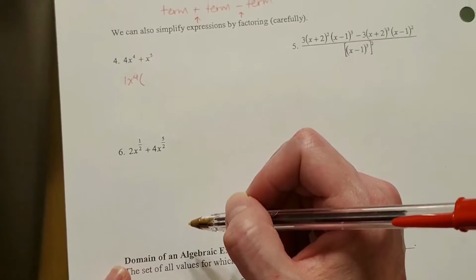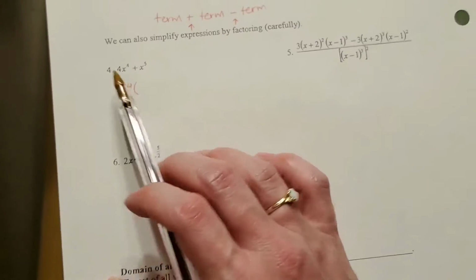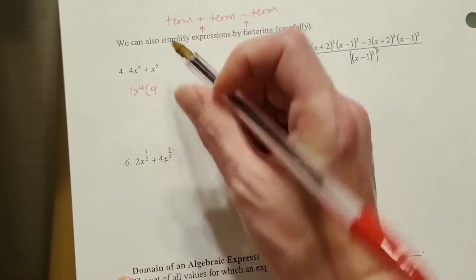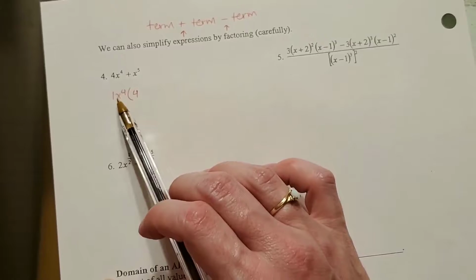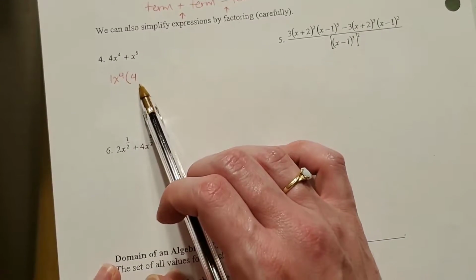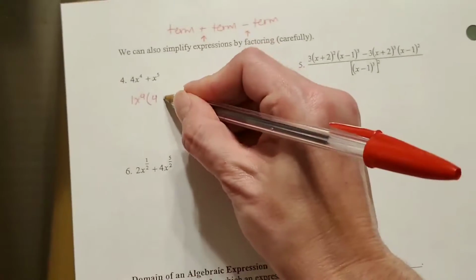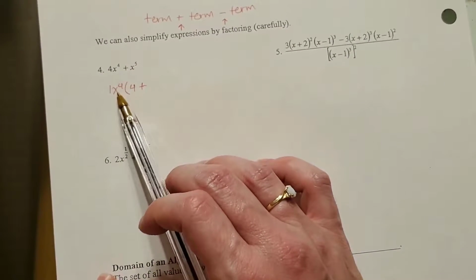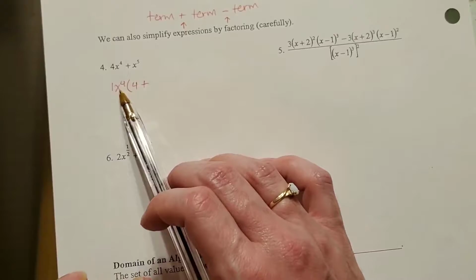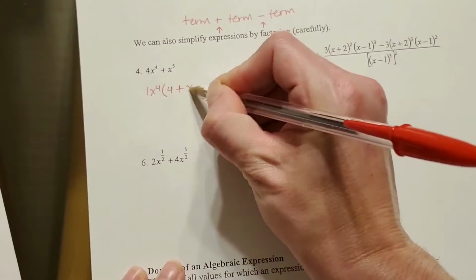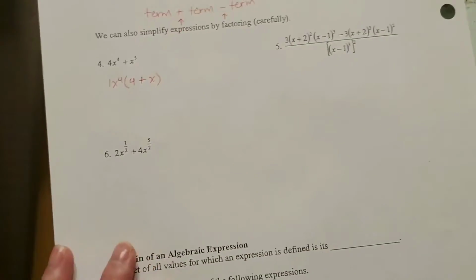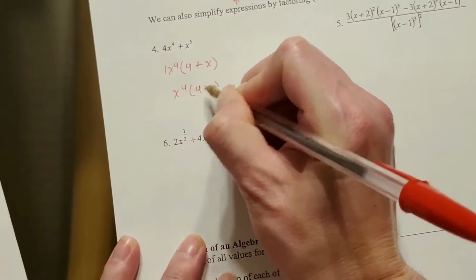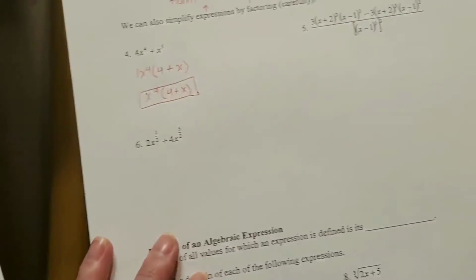Now remember, you can think about it like division. If I take 4 and divide by 1, I'm still going to have 4 left. If I take x to the 4th and divide by x to the 4th, we don't have any x's left. 4 plus, and then x to the 5th. If I think about dividing by x to the 4th, it's going to leave me with just 1x. So this would be our simplified answer. x to the 4th times 4 plus x. Okay.